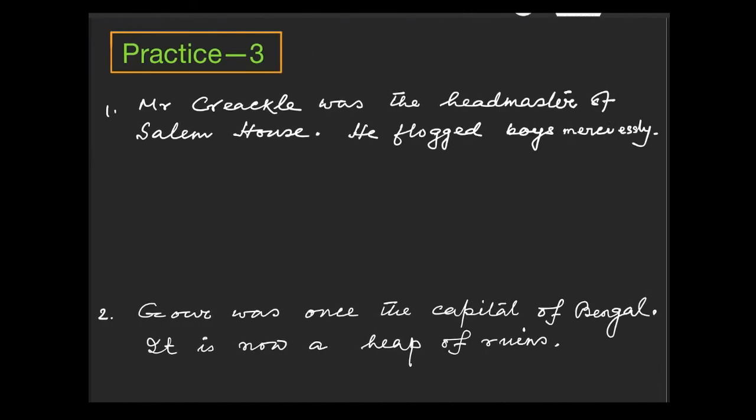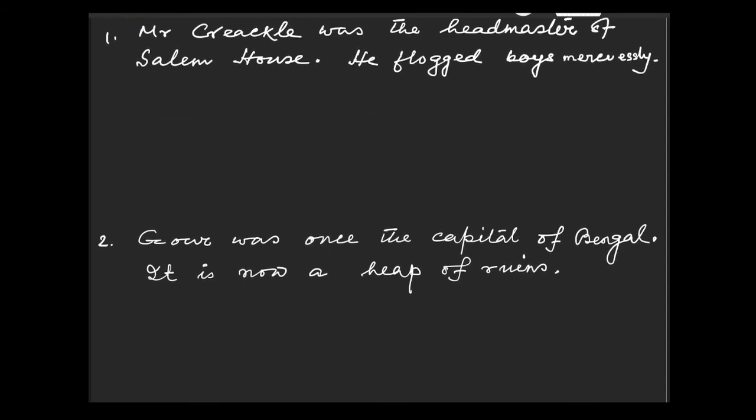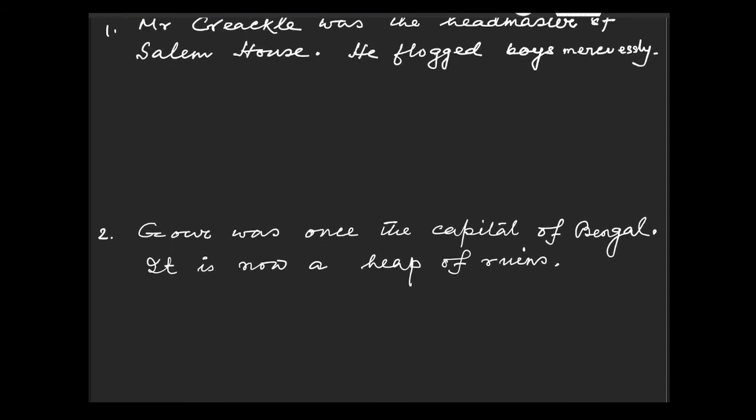Okay, do this. Next one. The first question. Mr. Kickle was the headmaster of Salem House. He flogged boys mercilessly. Number 2. Gaur was once the capital of Bengal. It is now a heap of ruins.